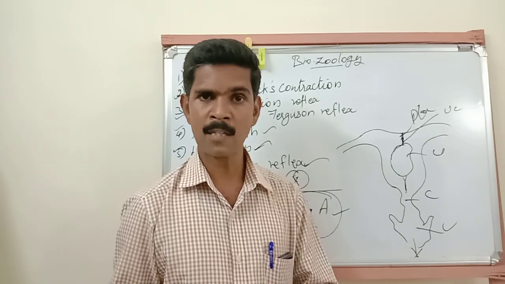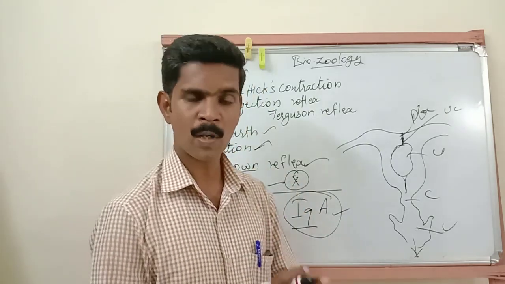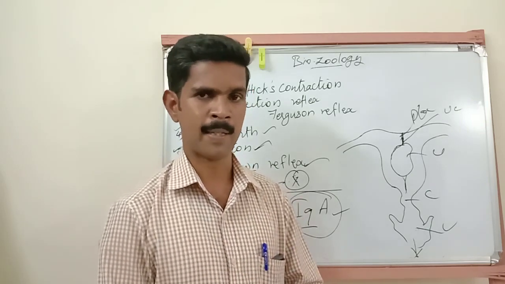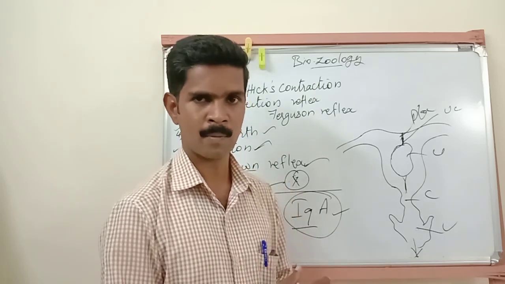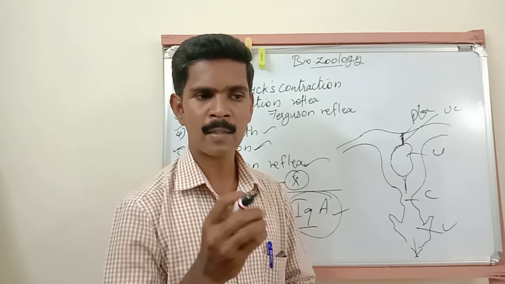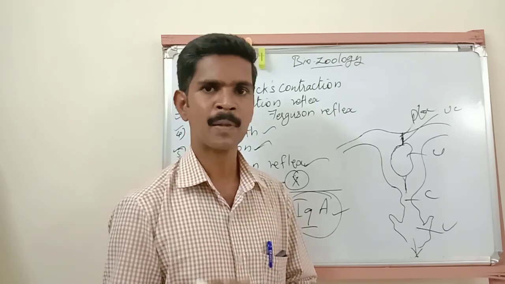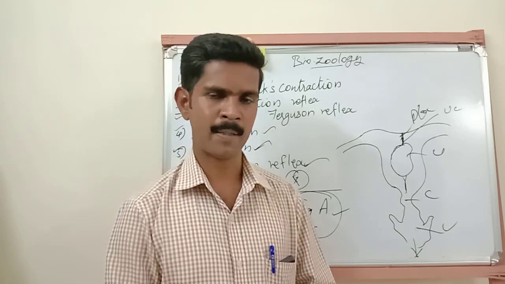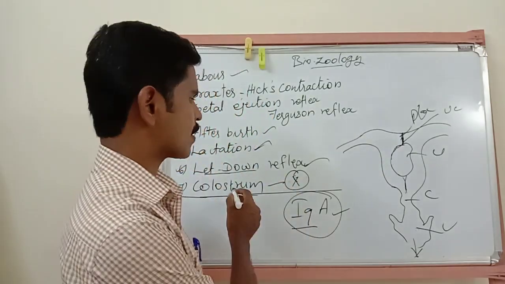So colostrum is a very important food for the newly born baby. After a few days of releasing colostrum, normal milk is ejected from the mammary gland. For the young babies, for a minimum of the first 6 months, mother's milk is a very important food.